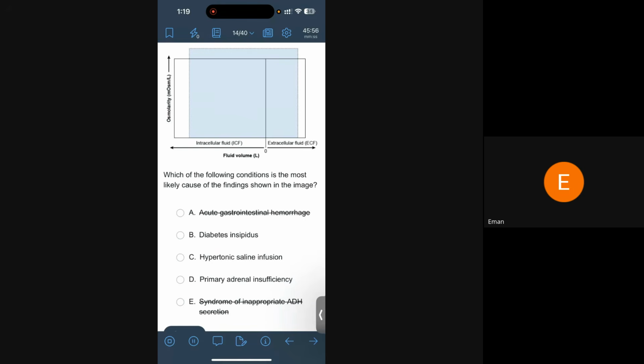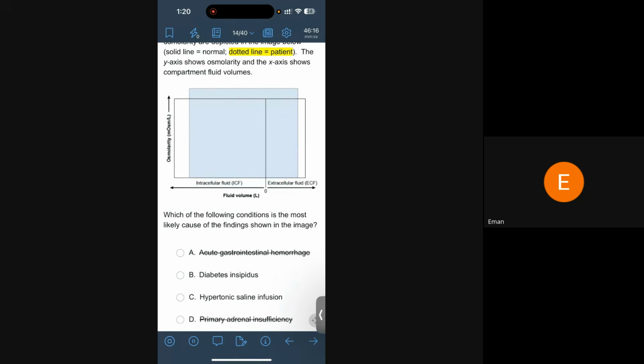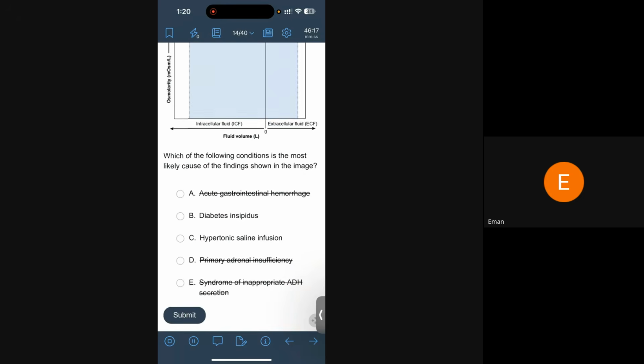If you do not have mineralocorticoids, you are going to lose the minerals. So the sodium is going to be less, and you are going to see hyponatremia. But in the question, you can clearly see that the dotted blue line is above the solid line on the y-axis. Now we are left with B and C.